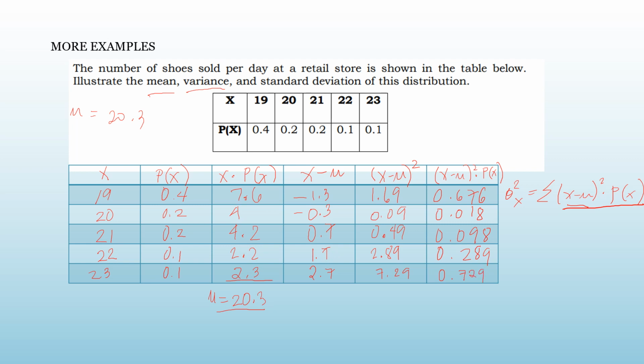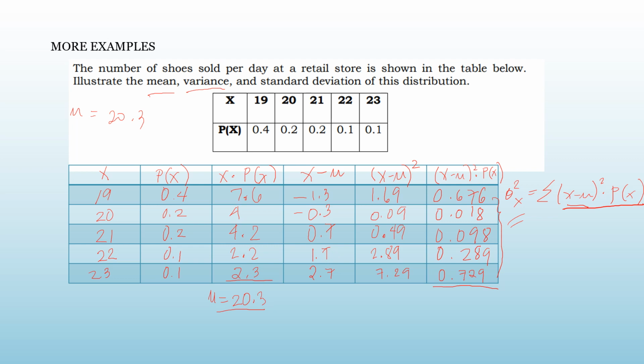And for us to get the variance, all we need to do is to add all of this, because variance is the summation of x minus mean squared times probability of x.